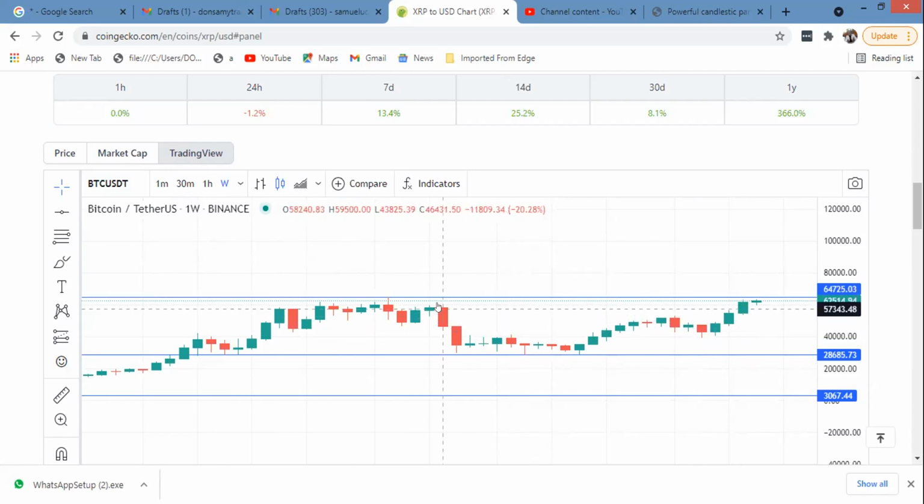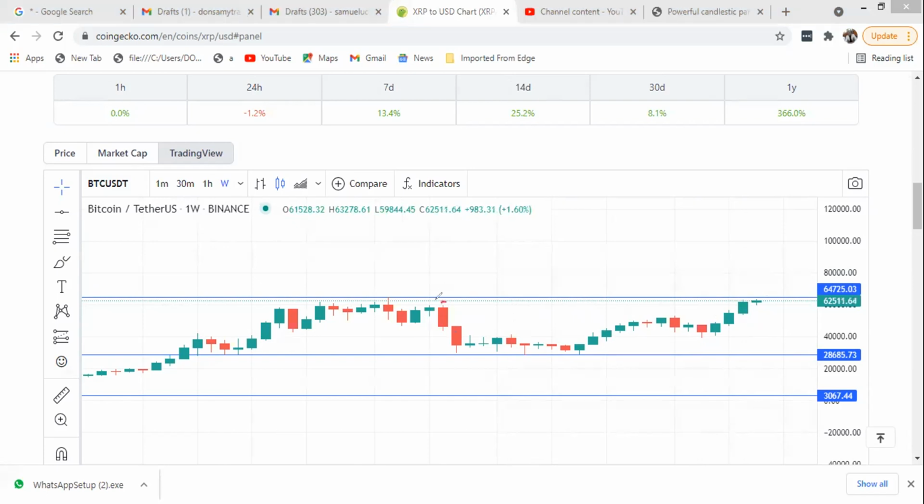So one of these candles represents the price of Bitcoin in 1 week. One of these candles is what BTC did in 1 week. This one is what BTC did in another week. This one is what BTC did in 1 week.